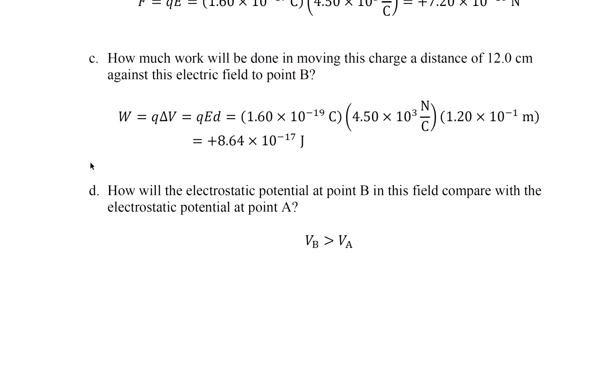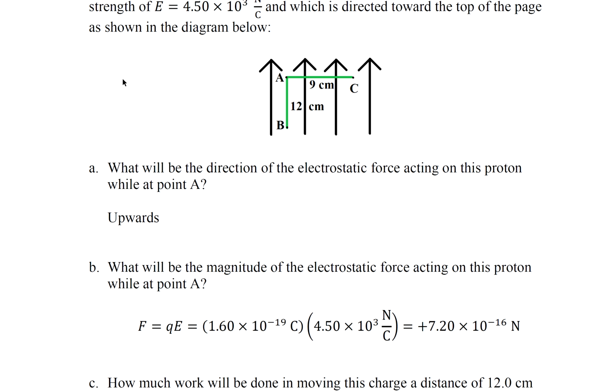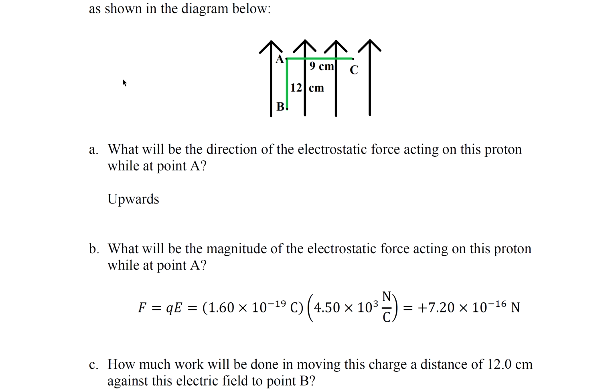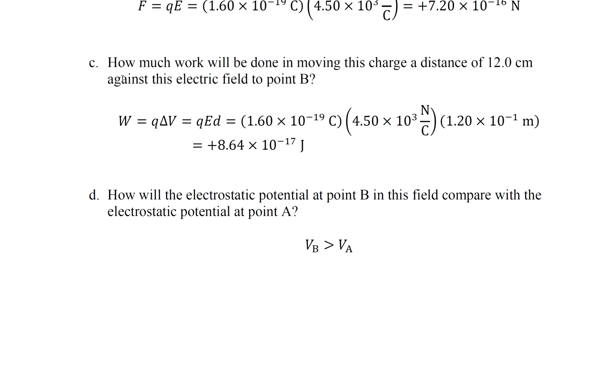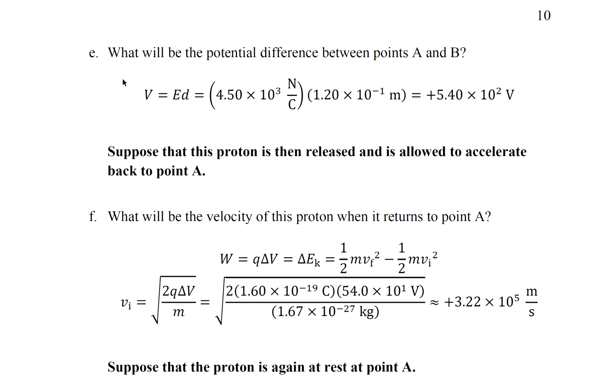Part D, how will the electrostatic potential at point B in this field compare with the electrostatic potential at point A? Well, at B it's going to be greater than A, because if you put a positive charge at B, it's going to accelerate quicker than if you put a positive charge at point A. Part E, what will be the potential difference between points A and B?